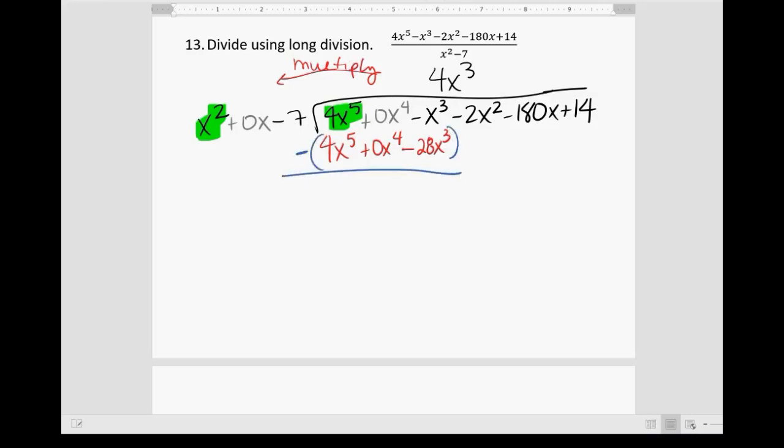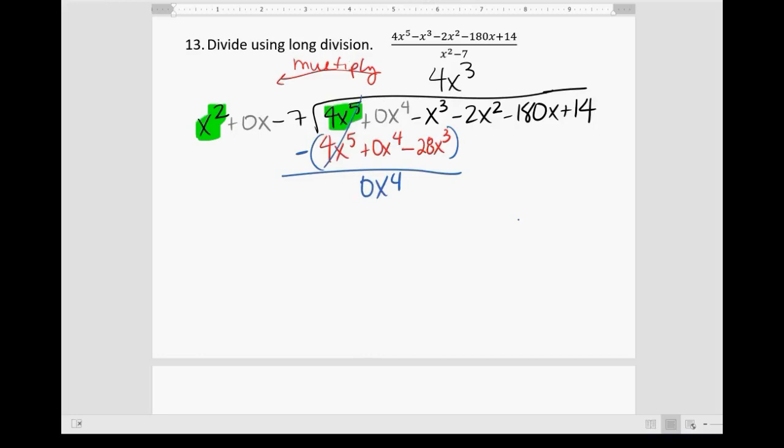everything here. So you should always end up with the same term at first because you want that to cancel out. Alright? So 4x to the 5th minus 4x to the 5th cancels out. 0x to the 4th minus 0x to the 4th is just 0x to the 4th.